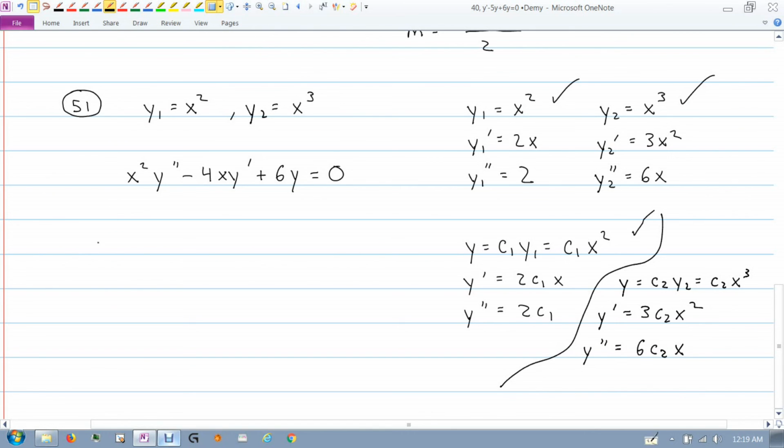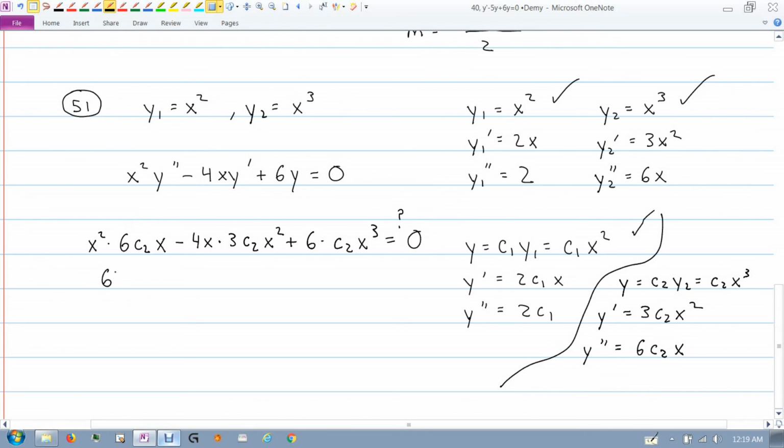So when we start plugging in now, we get x squared times 6c sub 2x, and then minus 4x times y prime, which is 3c sub 2x squared, and plus 6 times y, which is c sub 2x cubed. Is that 0? That's the question.